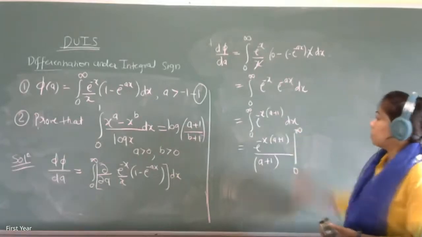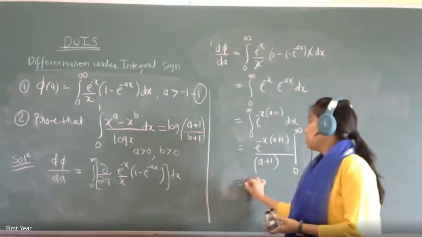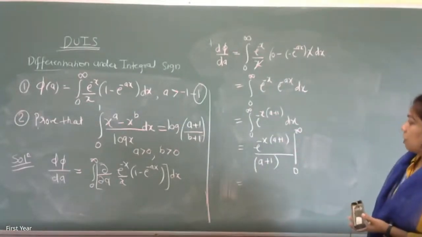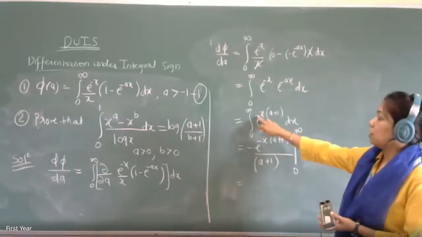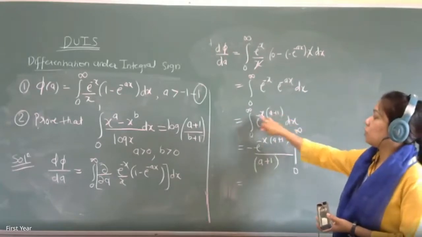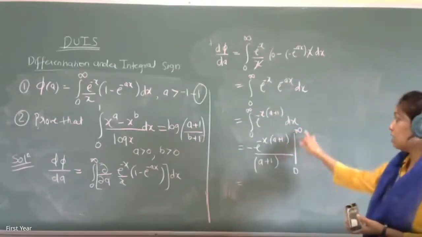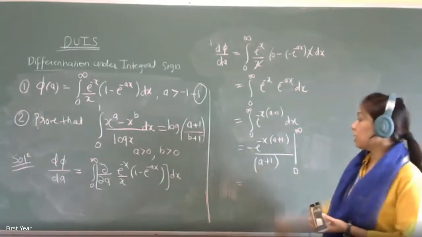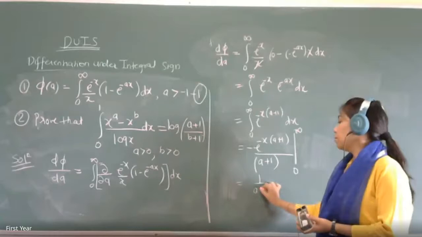So 0 to infinity. Upper limit e raised to minus infinity is 0. Lower limit e raised to 0 is 1. There will be a minus sign, because the derivative of minus x into a plus 1 is minus a plus 1. Upper limit e raised to minus infinity is 0. Lower limit minus of minus will become plus, and it is 1 upon a plus 1.